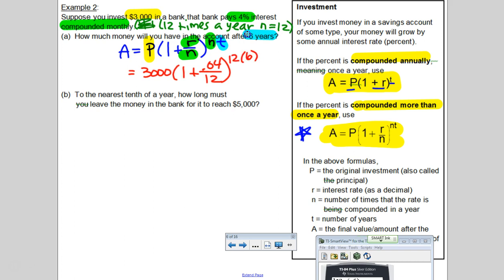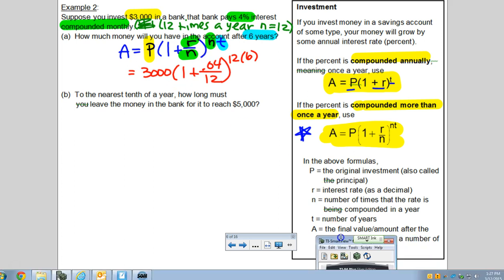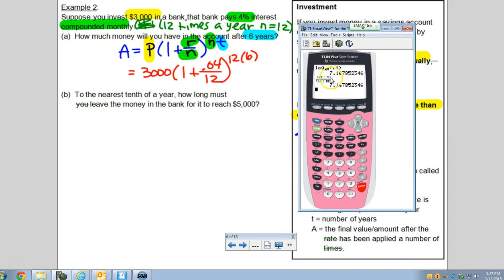All right, now because all the numbers are already grouped together, all I have to do now is type all of this into my calculator. There's no solving involved because we already have the A variable by itself.